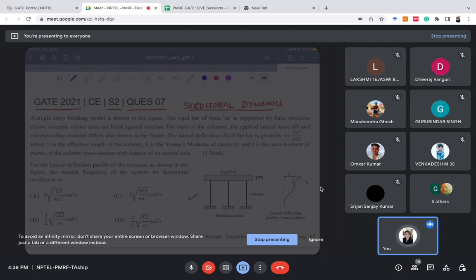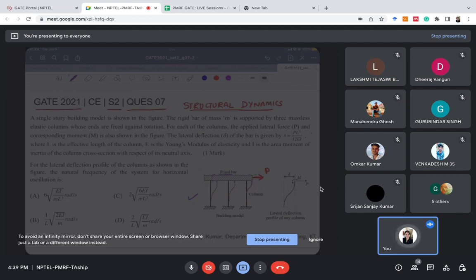So this is the building model, and we have applied a lateral force P. When we apply a lateral force P, how will this model deform? Let's see if you agree with me. It will deform like this. All three columns will undergo some lateral deflection, right? I hope it is clear. And this bar will move a little bit in this direction.